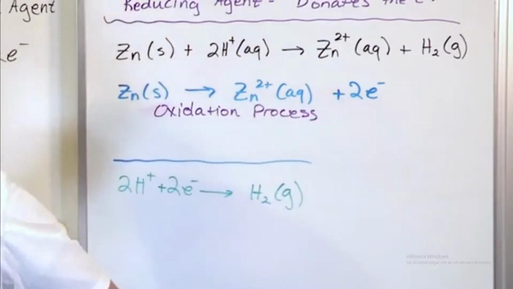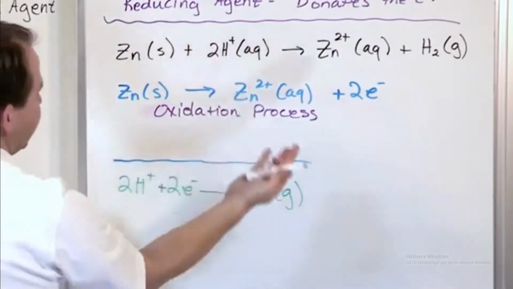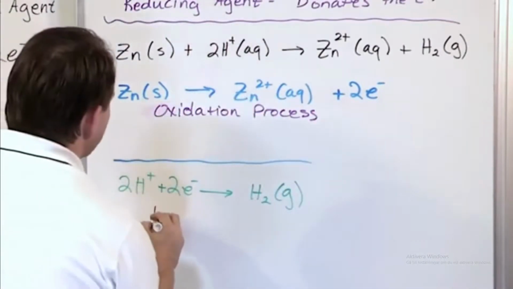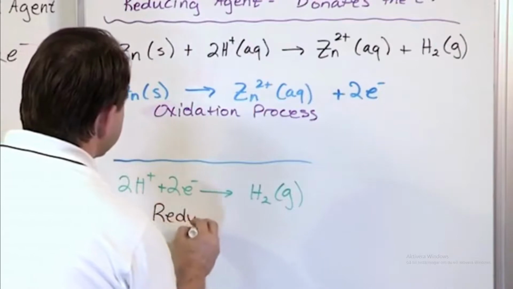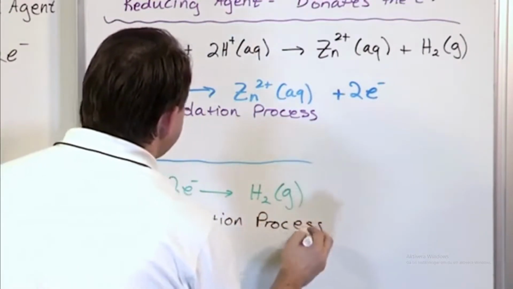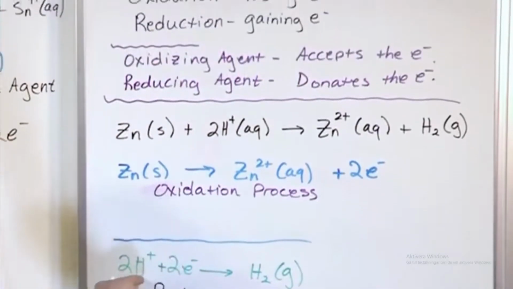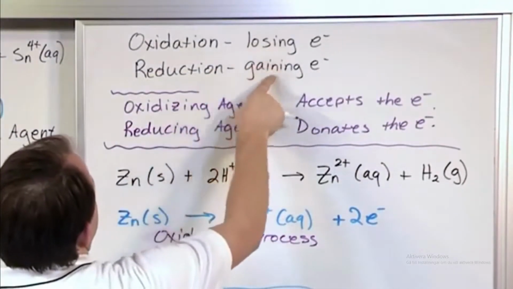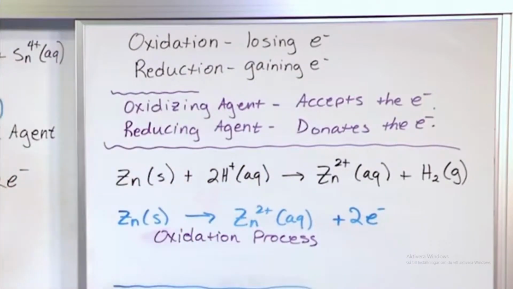All right. And then under here, if this is oxidation, you don't even really need to look at this in order to write that this is a reduction process. But if you wanted to check yourself, you'd look at this and say, well, this is accepting electrons.